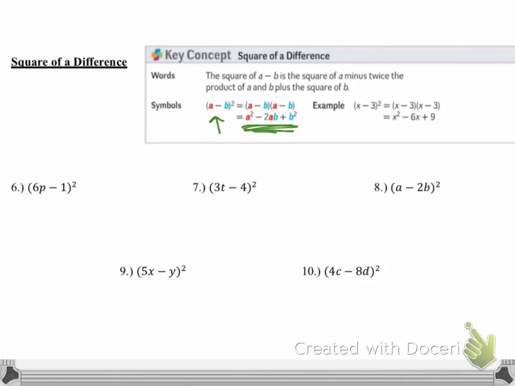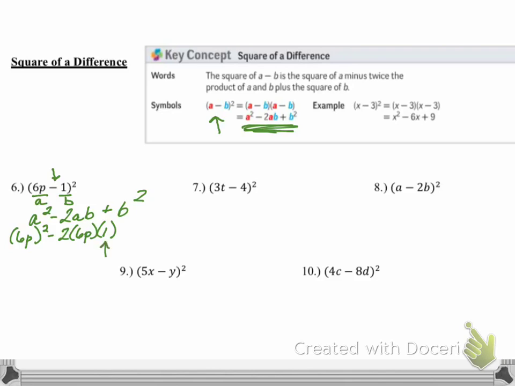So looking at number 6, this is my a value, here's my b. Because I see subtraction, I know my formula is a squared minus 2ab plus b squared. And then just for the sake of practice, I'll substitute in those values, showing all my work. So I've got 6p squared minus 2 times my a value times my b value.